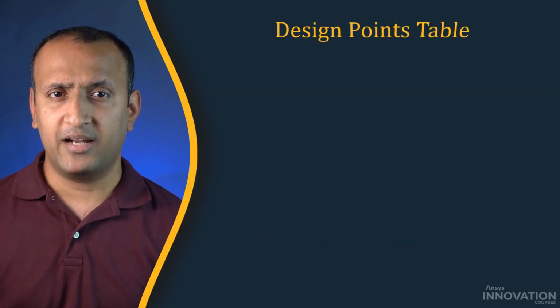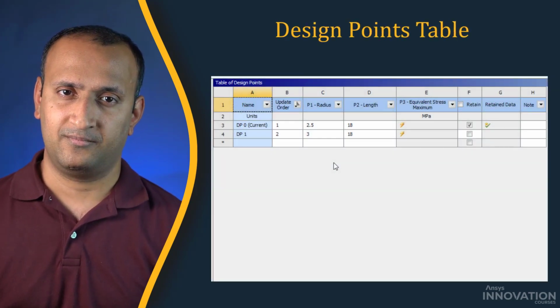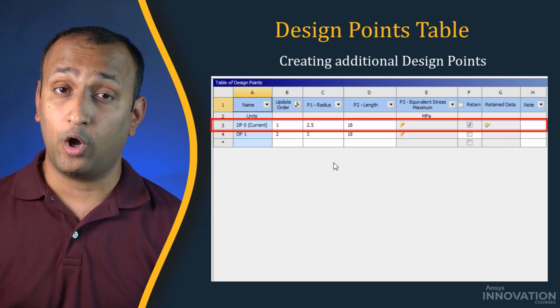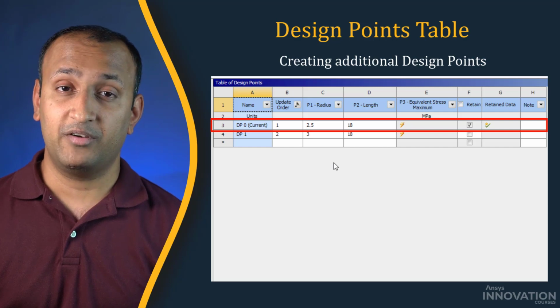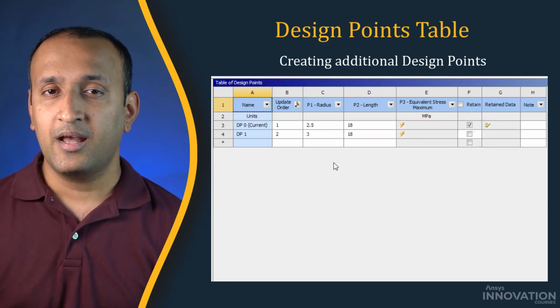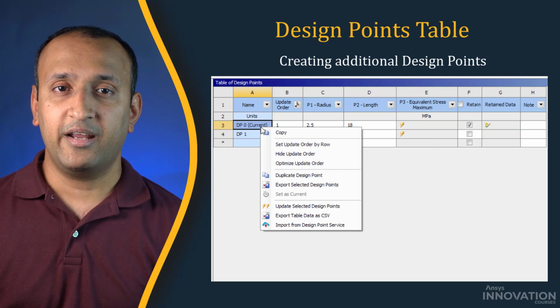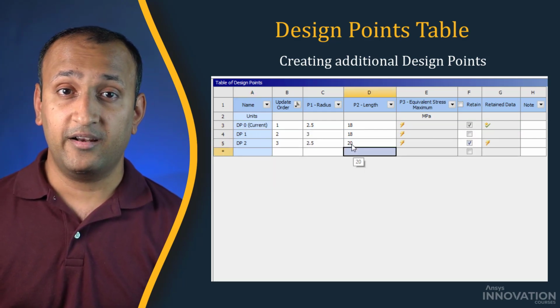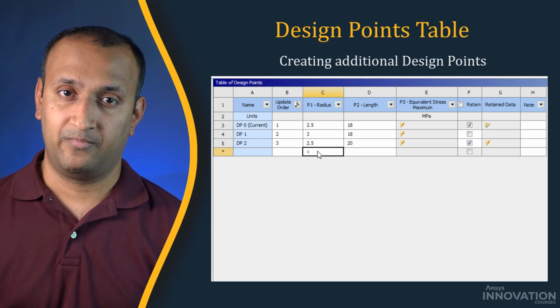Let's look closer at the table of design points. The current project is designated as Design Point 0 or DP0 in the table of design points. Additional design points can be created by duplicating existing design points or by entering new input parameter values.